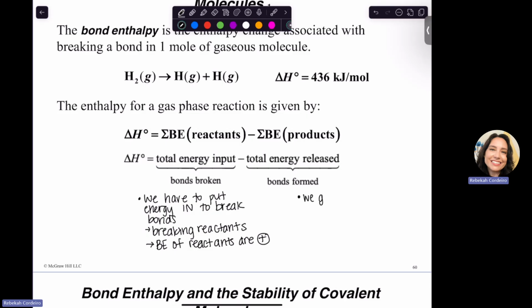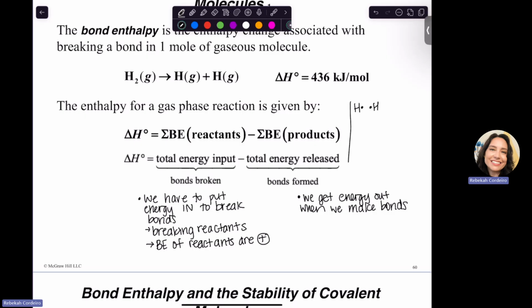We get energy back, or get energy out, when bonds are made. That's because if you have a substance like H, hydrogen, for example, a lone H is very unstable.